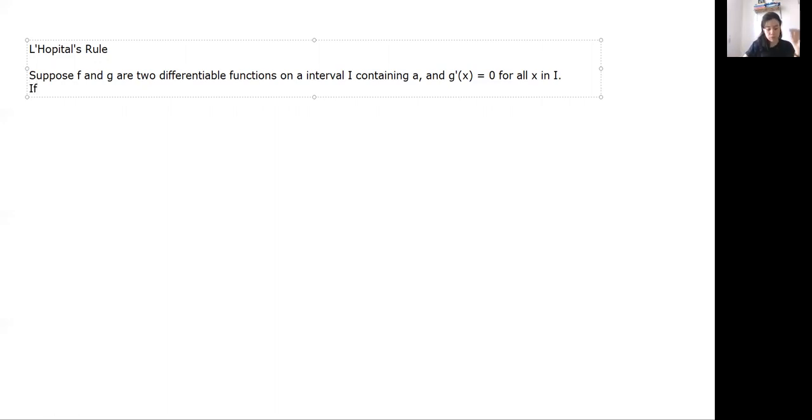If we have the following, so here's where I start writing. So first thing is g prime is different than 0. So if we have that, the limit when x goes to A of f of x over g of x is of the form 0 over 0, then we'll get that.